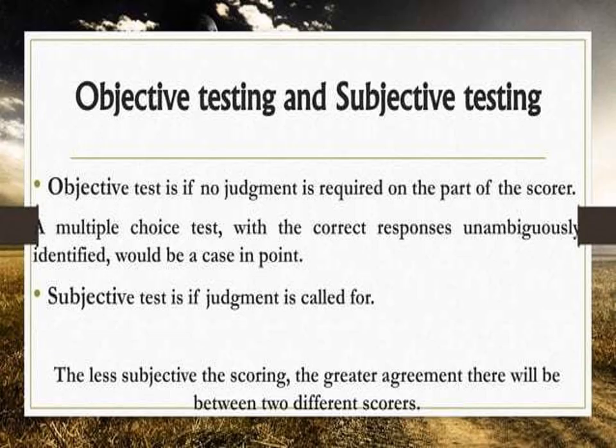Many testers prefer objective scoring because it's more reliable and consistent, with a one-way answer. Two different scorers are more likely to agree on the same score. However, even subjective scoring, like grading essays, can be made more reliable if we have clear guidance and clear criteria. For example, when I correct your comprehension answers or your writing, I always have my criteria.